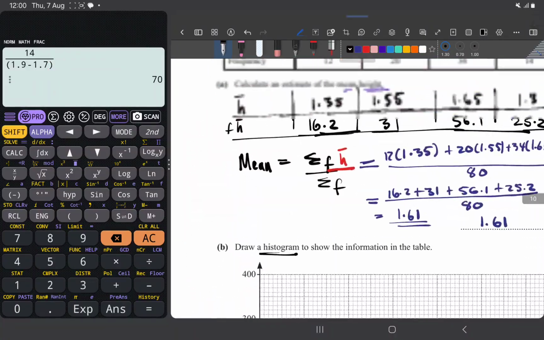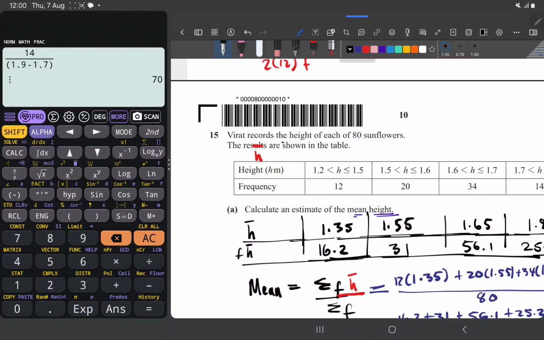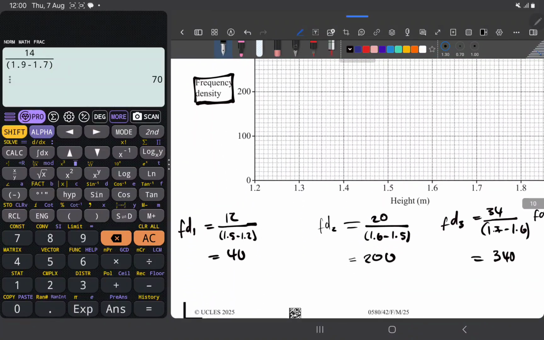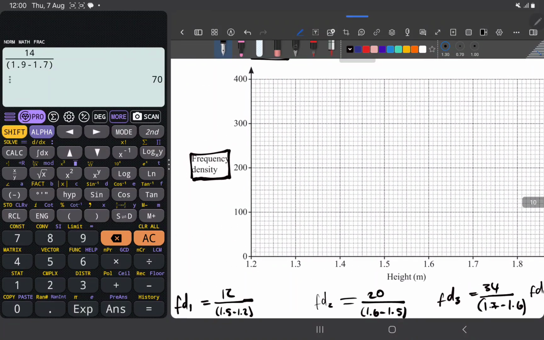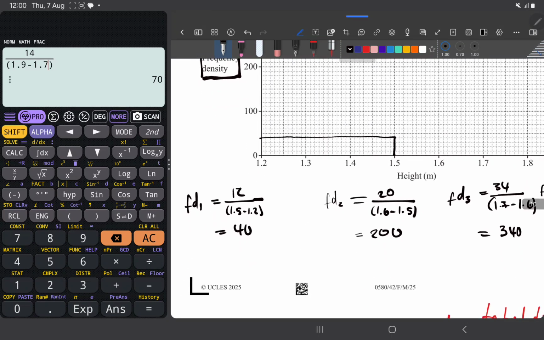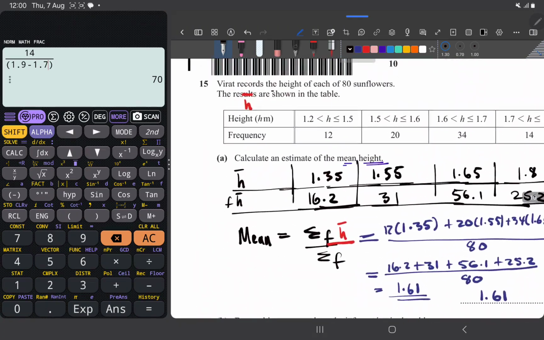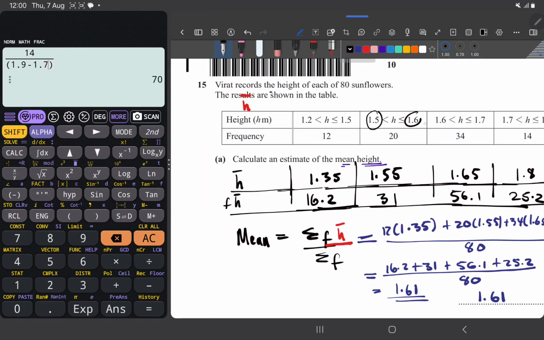So now we are going to plot it. For the first class, from 1.2 to 1.5, the frequency density is 40. So you go to 40, 10, 20, 30, 40, from 1.2 all the way to 1.5. Then it is going to be 200 from 1.5 to 1.6.